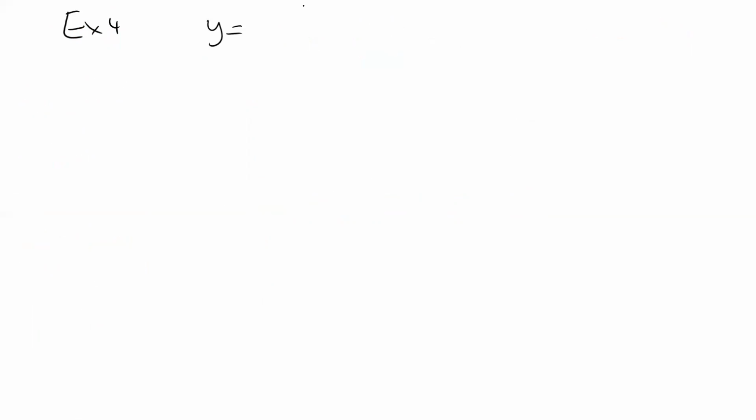Y is equal to, let's see, 3 minus 2 cosine of, let's go to 5 just to make it fun. 5. All right, so we're not going to finish 4.2 today. A few more things left to do here, so we'll do this on Monday. But to see if you guys can do this one by yourself.